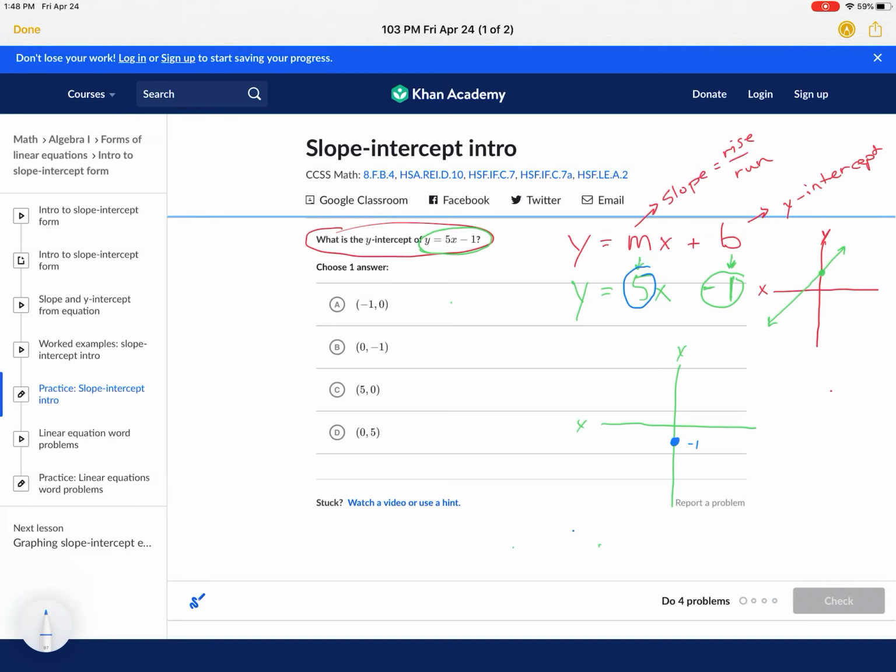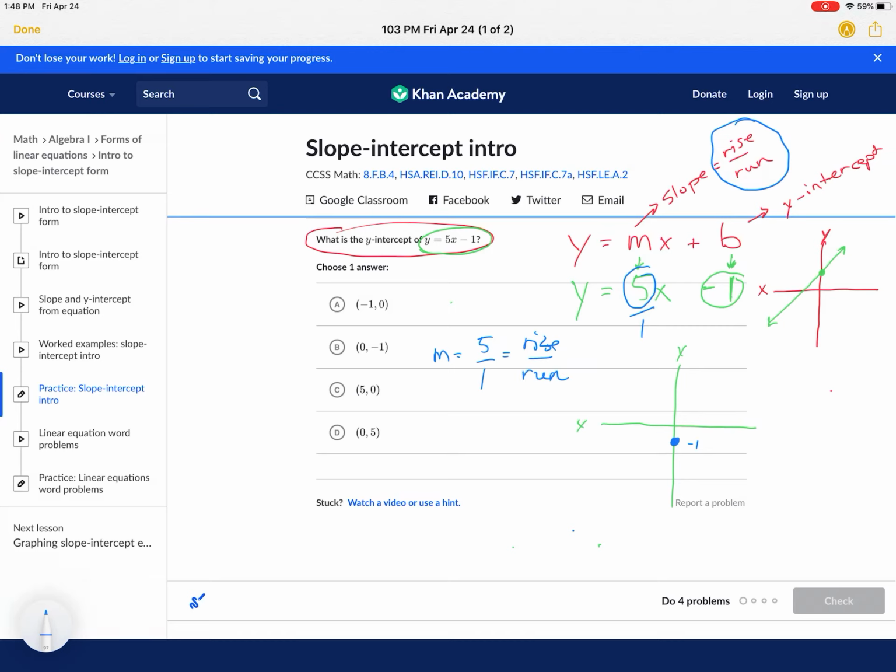But wait a minute, I thought slope was rise over run, which tells me it should be some sort of fraction. Remember, if you have a whole number for your slope, you can always just put that over 1. So our slope would be 5 over 1, which indicates our rise over run.